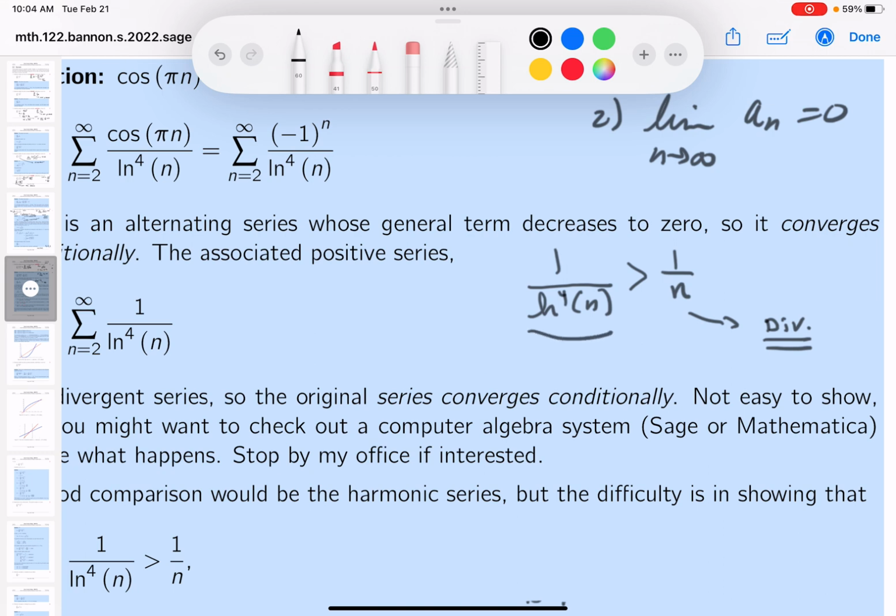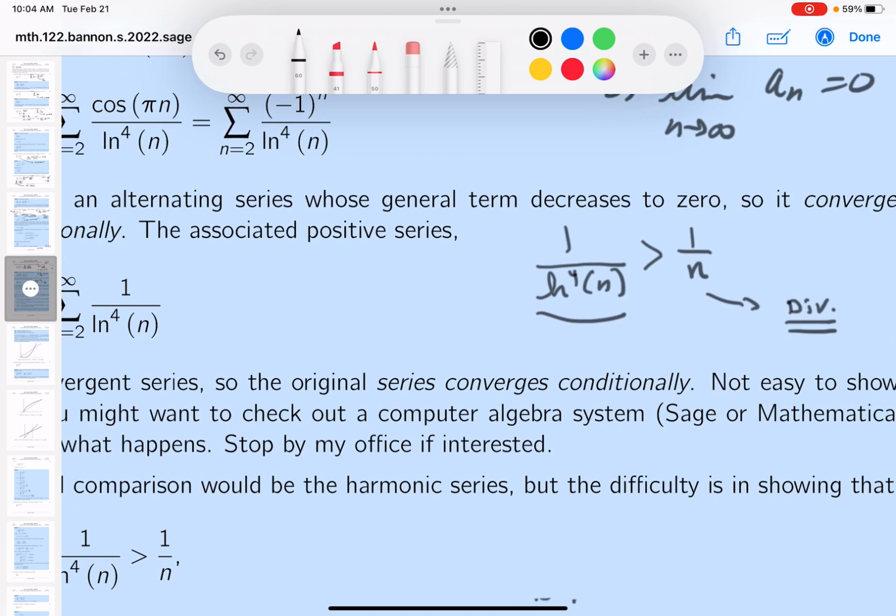And if I can show this is bigger for some n, by the way, I've got to find some n where it's going to be bigger forever. So it could be 7, could be 9, I don't know. I'm going to figure that out. And this comes the tough part. I'm going to rewrite it a little bit differently. I'm going to write this as n greater than the natural log 4th power of n.